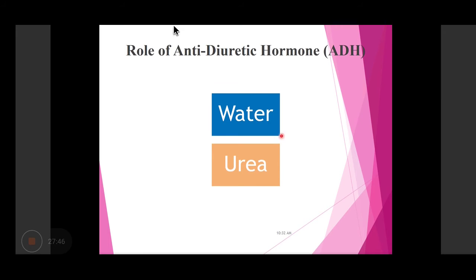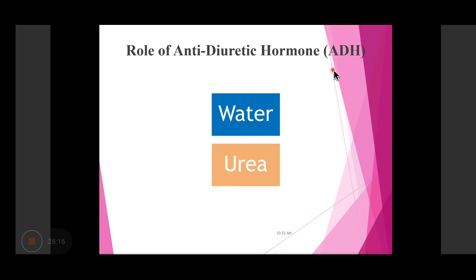So a word about the role of antidiuretic hormone. Antidiuretic hormone is secreted from the pituitary gland, especially in times of water deprivation. Another feature of the collecting duct and the late DCT is that they are very responsive to the action of the antidiuretic hormone.